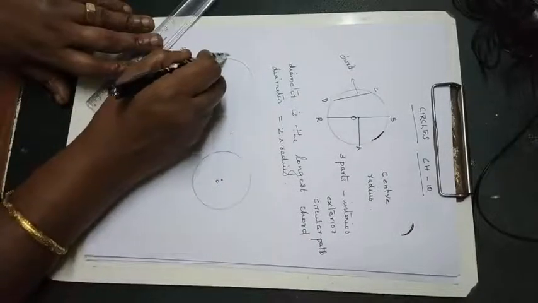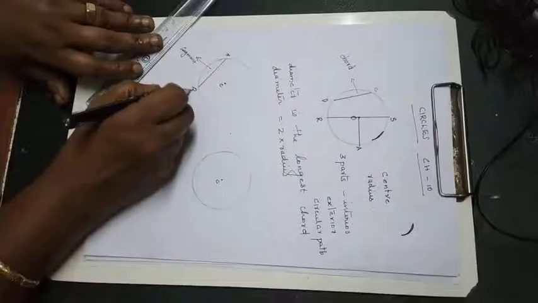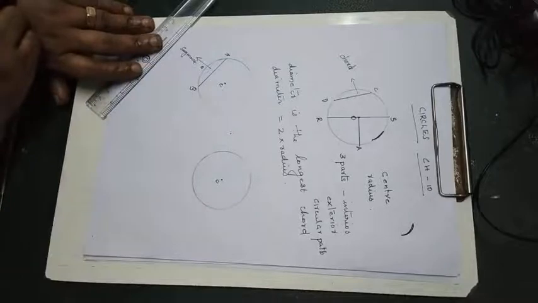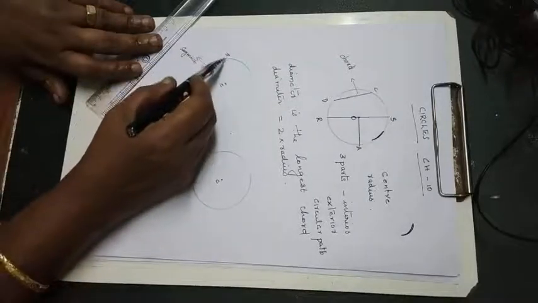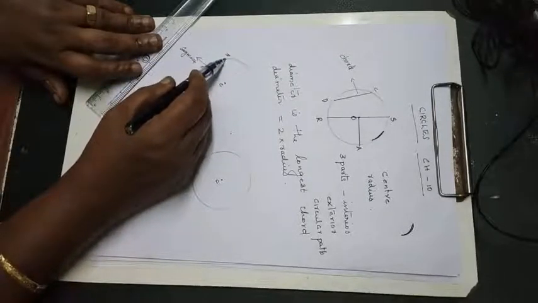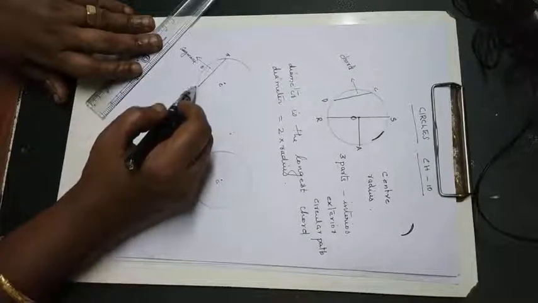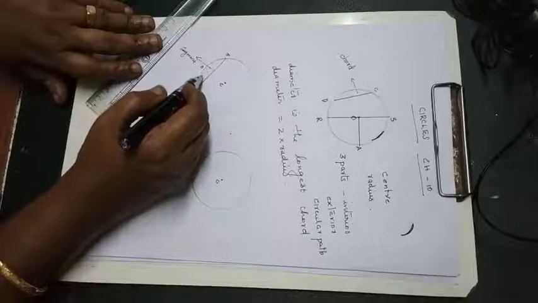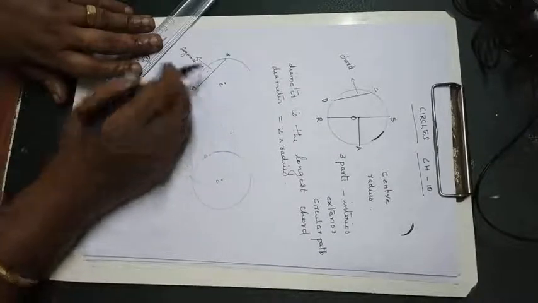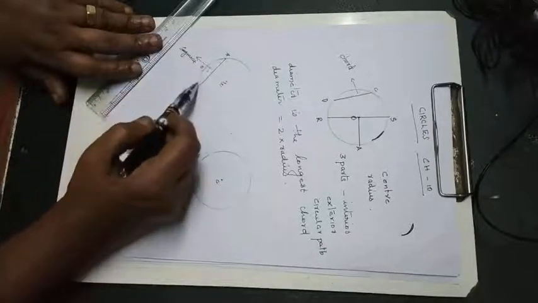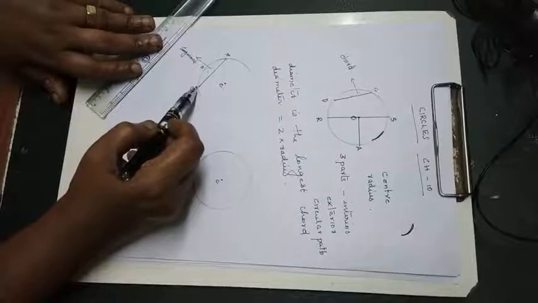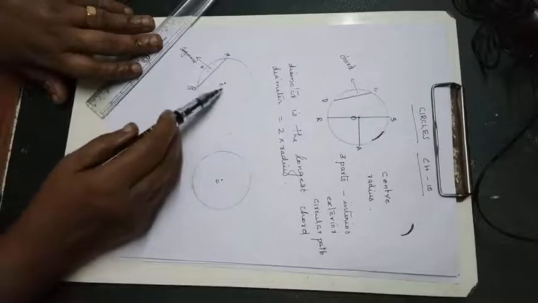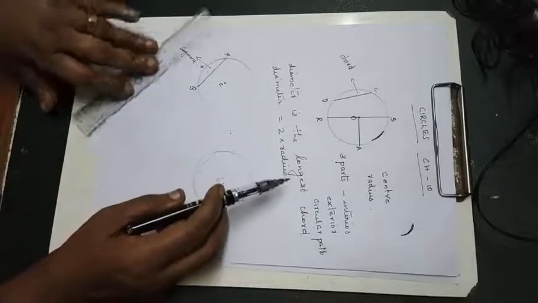If you are naming that one AB, and in between you can write O, this part, including this chord and this arc, whatever portion comes, is called the segment of the circle. This AOB is a minor segment, and the remaining bigger one is called a major segment.